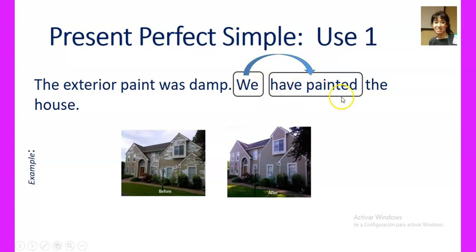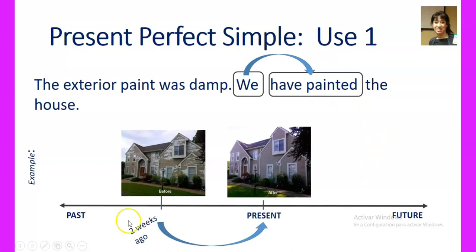We have painted. Notice the use of the present perfect simple. Again, it doesn't matter exactly when the house was painted, right? Maybe it was painted 2 weeks ago, but this has a consequence or a result in our present because now it looks beautiful and it's not damp anymore.